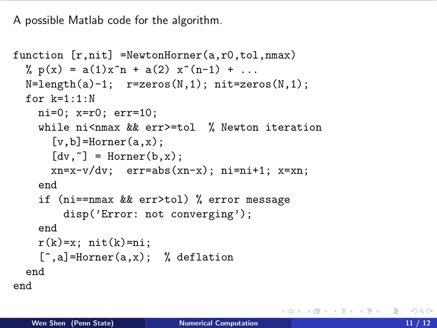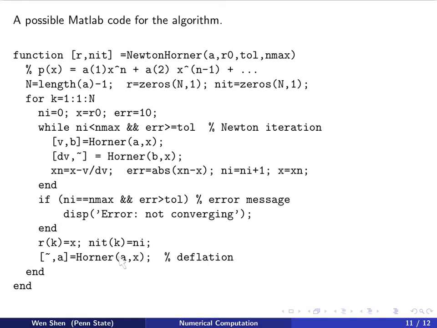And then we put the x here into the vector r, which stores all the roots we found. So root number k is stored here, and in this vector the number of iterations for this kth root is stored. Then we call the Hörner function one more time, sending in the coefficients a and the x, which we now know is a root.